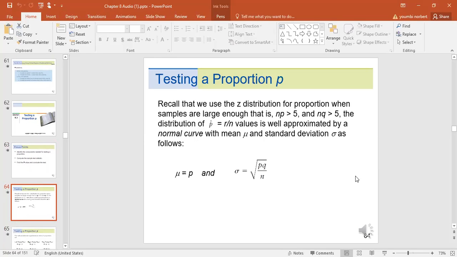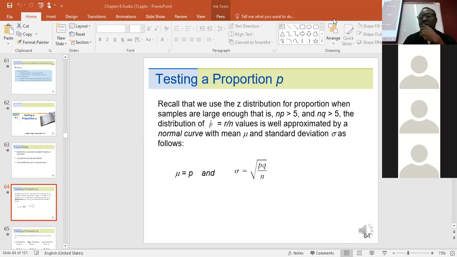So in chapter 6, we learned about the sampling distribution for sample proportion. The sampling distribution for sample proportion has mean, the population proportion, and standard deviation, the square root of PQ over N. So this is going to be used to compute the test value.